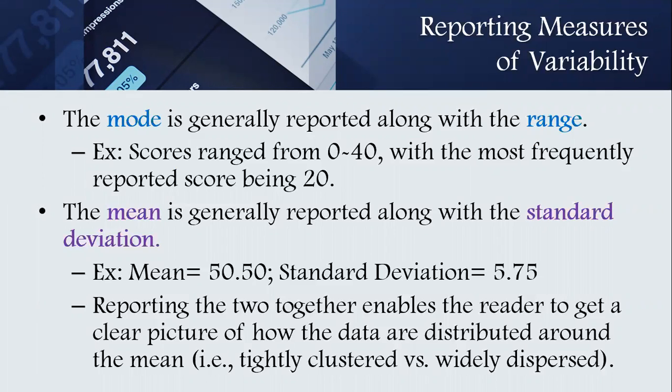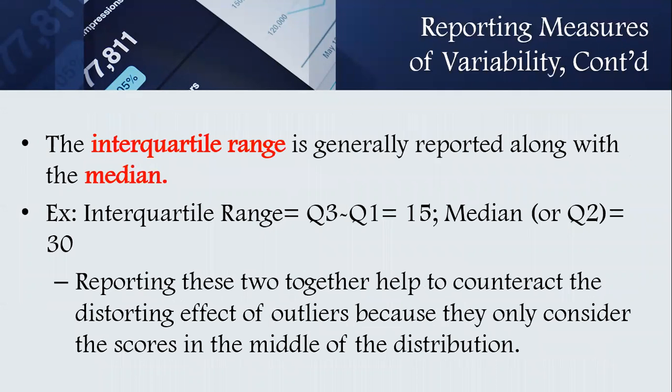So for example, we would report that our mean is equal to 50.50 and our standard deviation is equal to 5.75. Reporting the two numbers together enables the reader to get a clear picture of how the data are distributed around the mean. Specifically, whether the data are tightly clustered around the mean or widely dispersed from the mean.